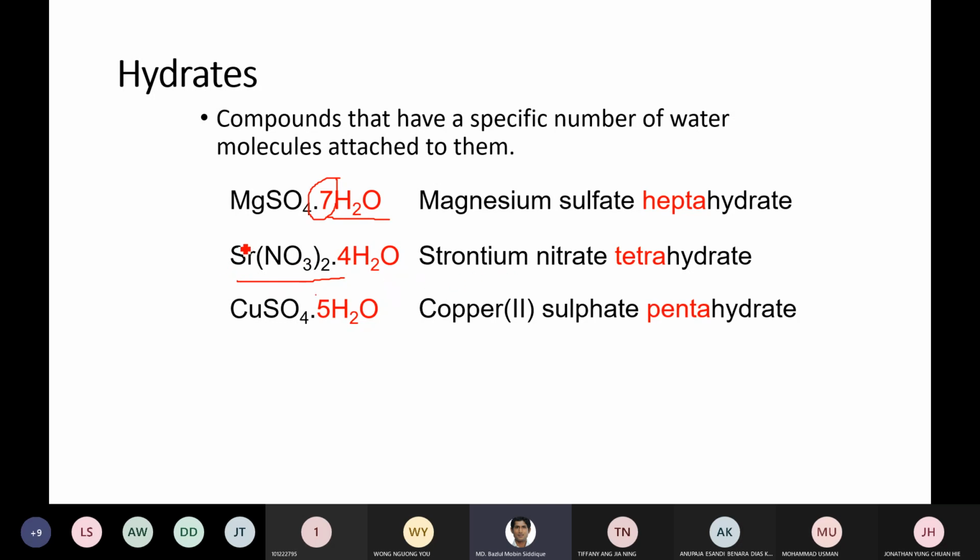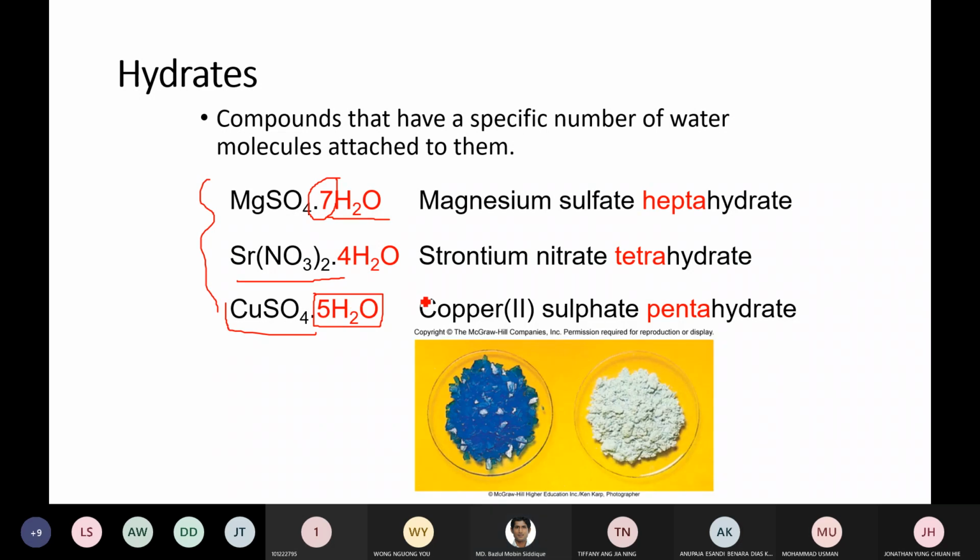And just because of this water molecule inside these compounds, the physical property changes totally. It's not anything similar.